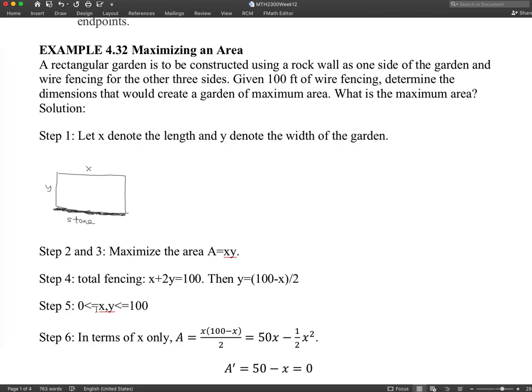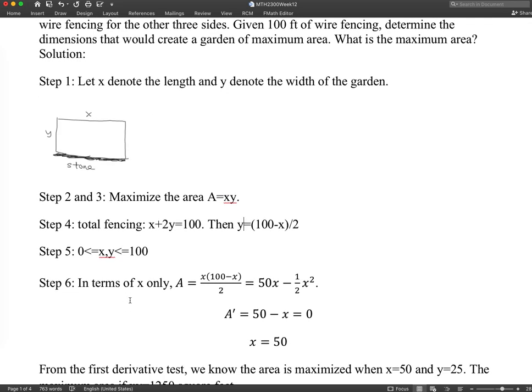Okay. And then step 6, finally we reach the point. We do have a mathematical function, area, in terms of x only. It is x times y, so y is replaced with the formula we just derived in step 4. And indeed, area is a function of x.